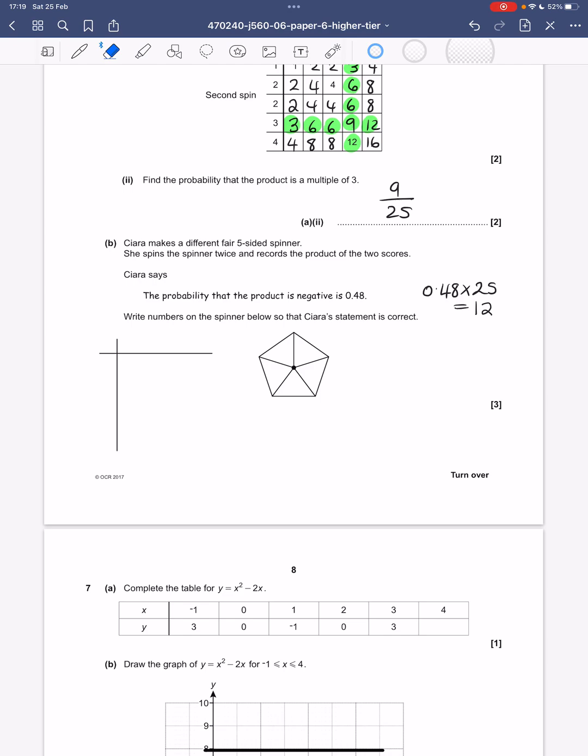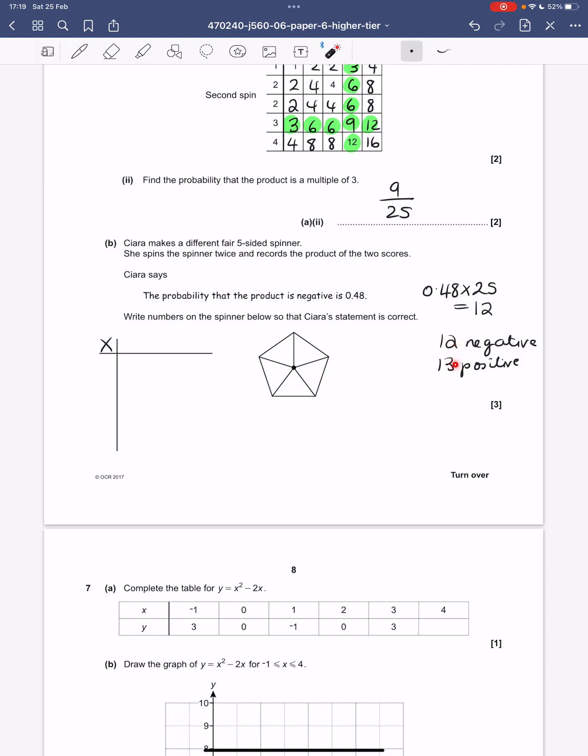So we need 12 negative numbers. So that means when we do these products, there'll be 13 positive, because we're going to have 25 again, because there's 5 places for the numbers.